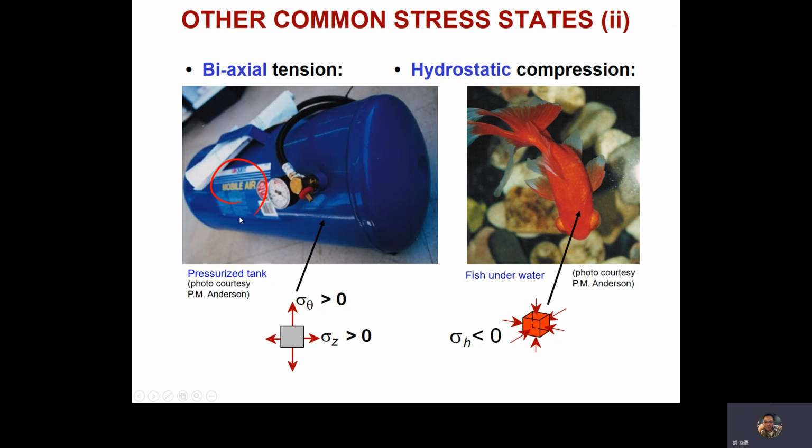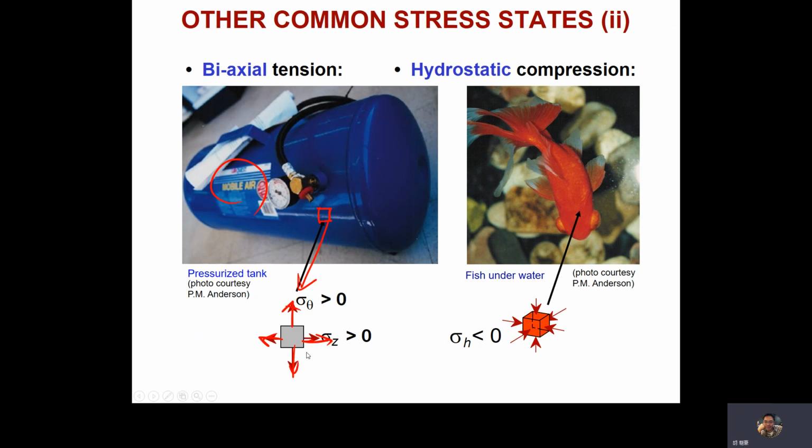So if we look at the shell of this pressurized tank, a smaller piece of the shell, you can figure out it's called biaxial tension on this small element on the shell.